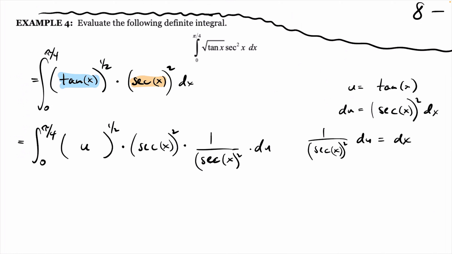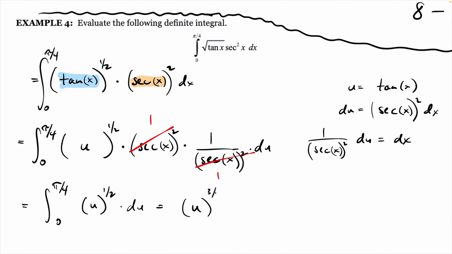You did it right. Everything that doesn't have a u should go away. All right, so secant squared divided by secant squared makes a 1. Okay, antiderivative. Add a power, divide by the new power.